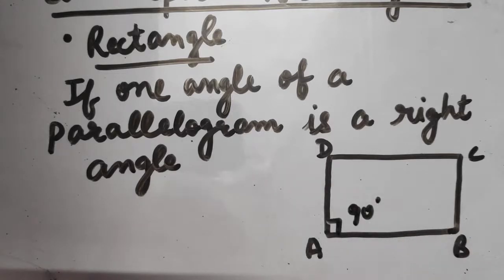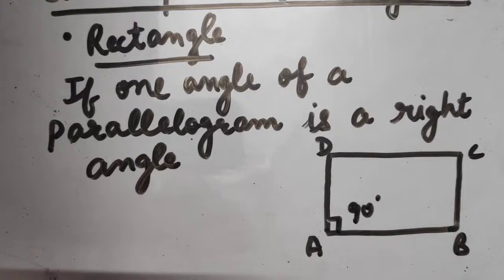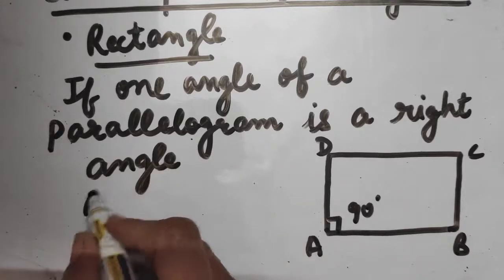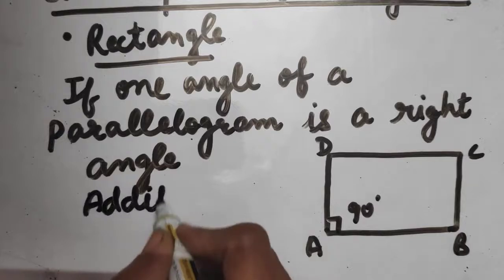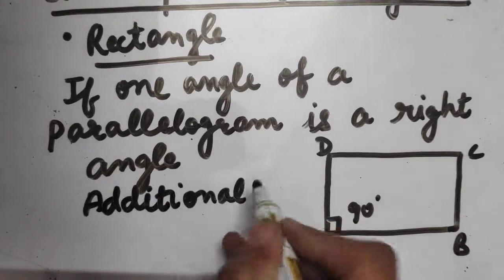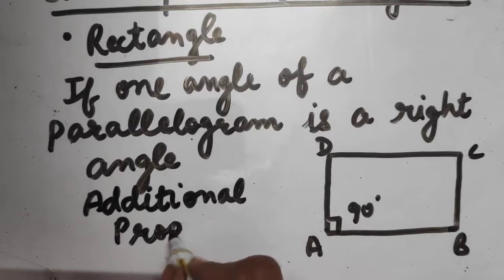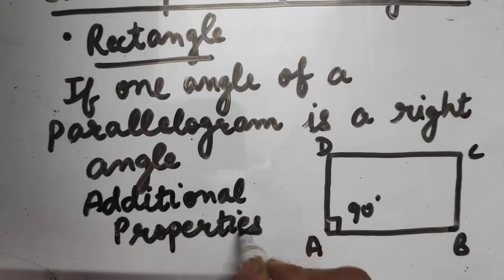Now let us talk about the properties of rectangle. Since every rectangle is a parallelogram, therefore it has all the properties of parallelogram, but there are few additional properties also. What are these additional properties?